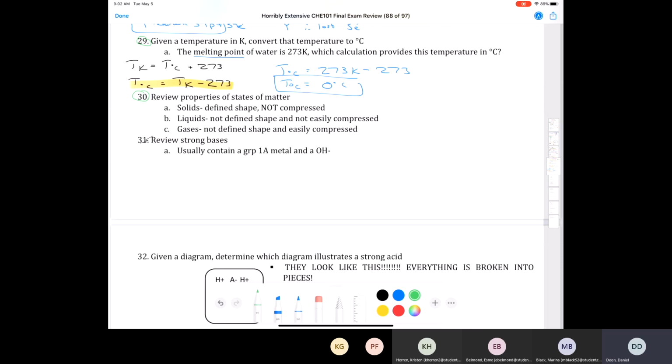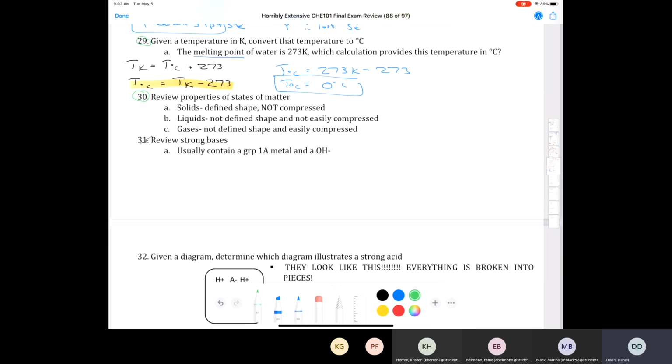And we looked at how to determine the volume of a solid by submerging it in a liquid. That's something we did in the lab. Solids are incompressible. Same thing with liquids. Generally speaking, they're not easily compressed. They might be compressible to a very, very small extent, but generally speaking, they are incompressible, but they do not have a defined shape.